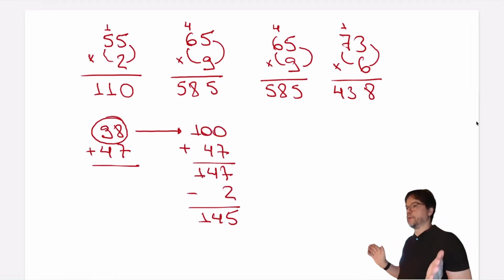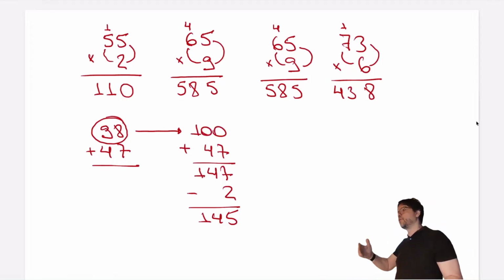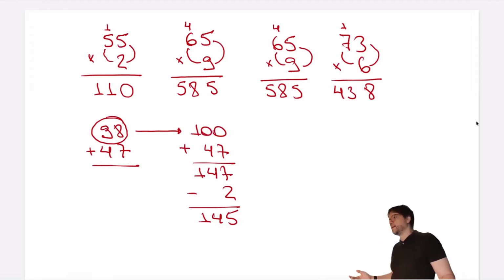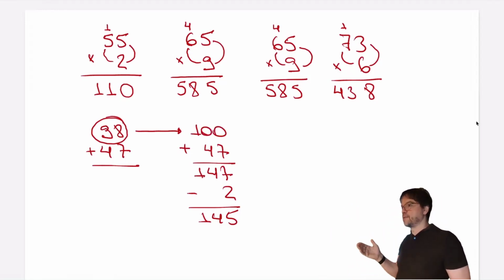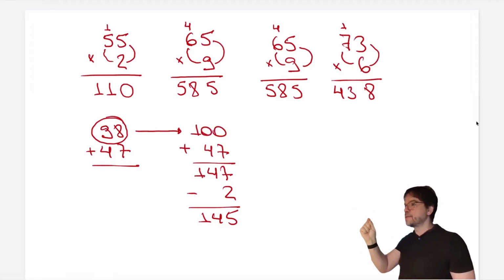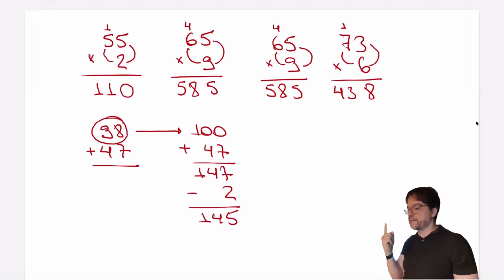I'm incapable of that, since I was a kid. So I need to know mental math. 98 is very close to 100. 100 plus 47 is 147, but 98 is 2 less. So from 147, take 2, 145. Is that okay? So this is the first technique.